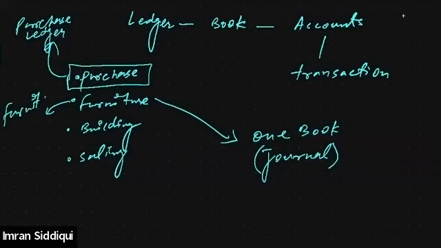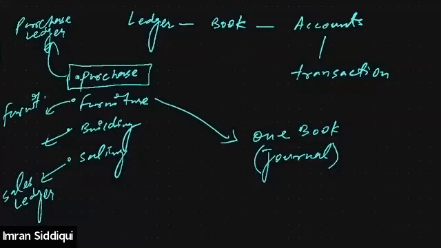Similarly, all transactions relating to building will be recorded separately in the building ledger or building account, you can call it. Sales related transactions will be recorded in the sales ledger or sales account. All right, so this is the basic difference between the journal and ledger.